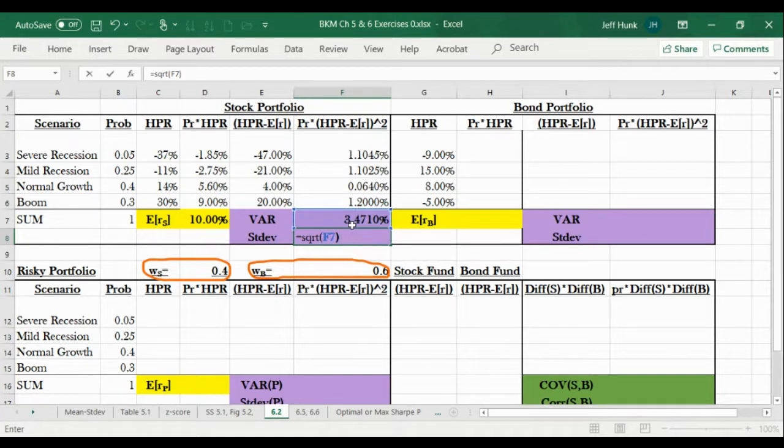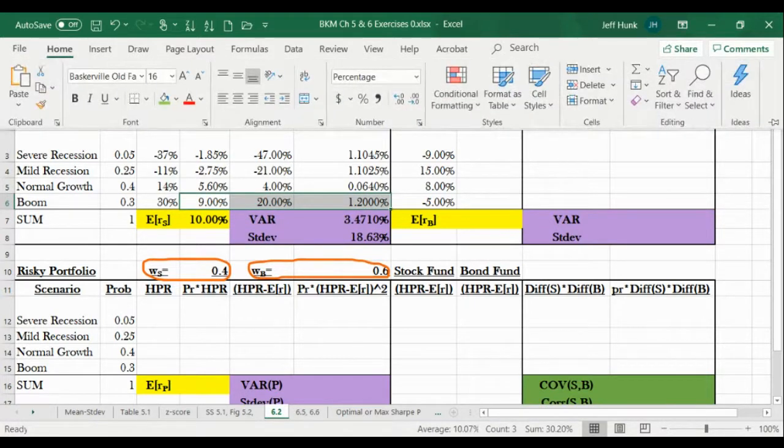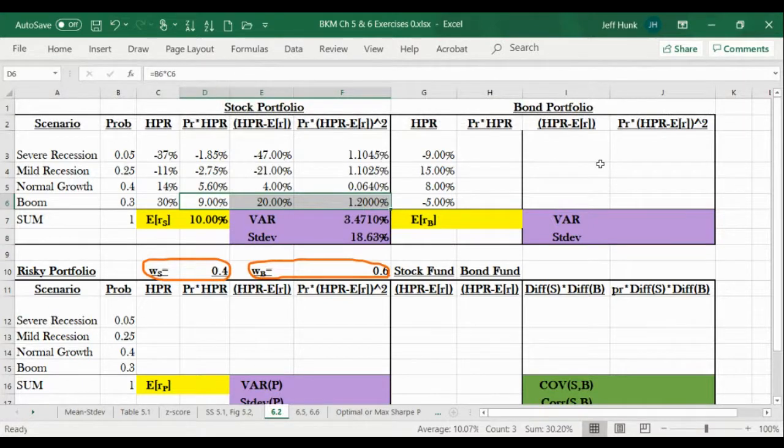And if I remember correctly, it was 18.63. So this was exactly what we did in the last exercise, right? Nothing new. But this time we also have the bond portfolio.